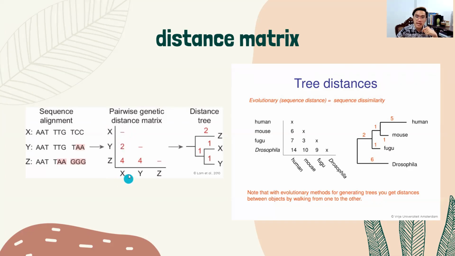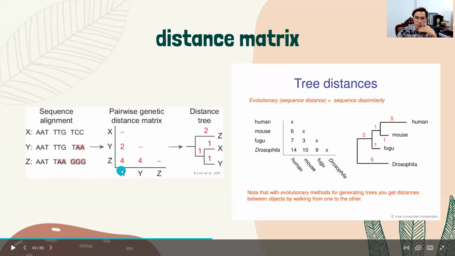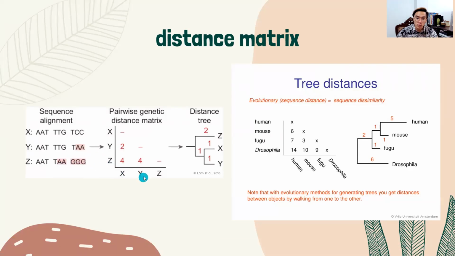But for sure, X and Y have some difference in terms of genetic sequence, and there are two nucleotide sites that are different between the two. For taxon X and taxon Z, as you can see here, they're different at four nucleotide sites, so we put four there, and between Y and Z we also have four differences.